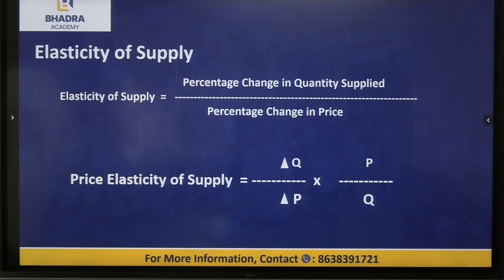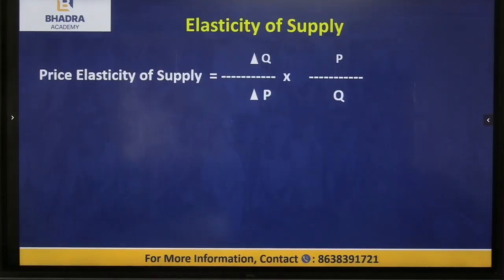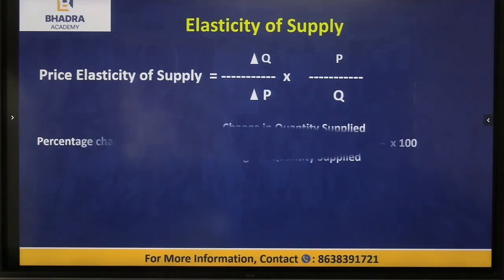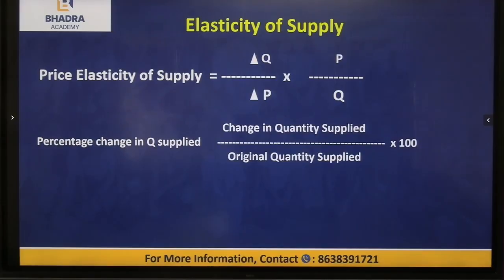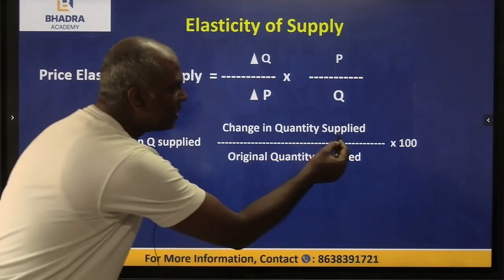Now if you look at this, the final formula for price elasticity of supply is del Q upon del P, into P upon Q. Now we can substitute the numbers and values in this formula. How do you calculate the change in quantity supplied?